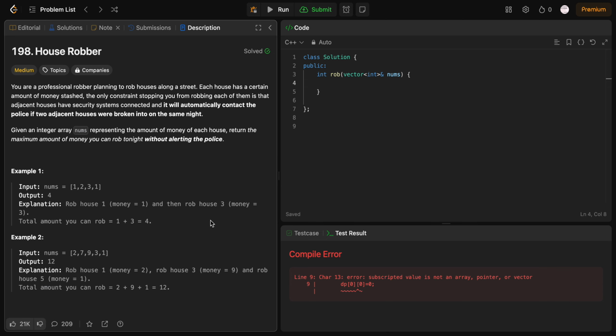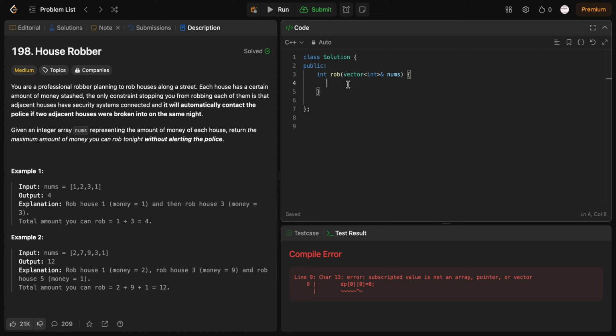So the idea behind this question is that you can either rob the houses or not rob the houses without alerting the police. So the two cases over here would be dp of i, 0 where you don't rob the house, and dp of i, 1 where you rob the house.